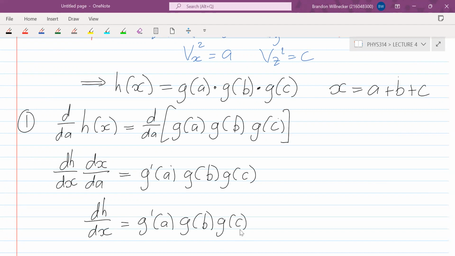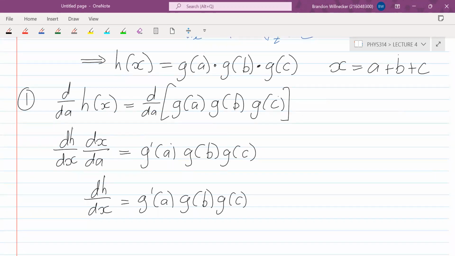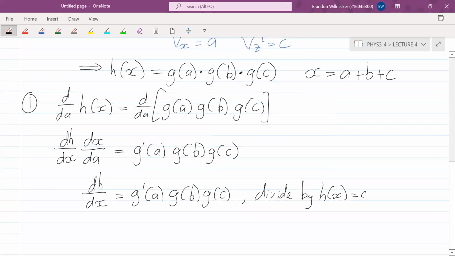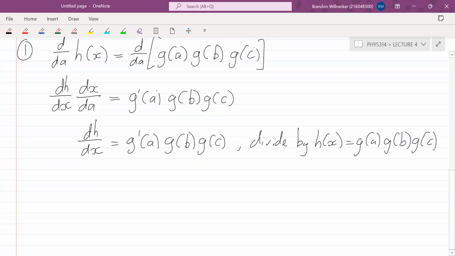Okay. Next, we're going to divide through by the following equation. So divide by h of x is equal to g of A, g of B, g of C. So we're going to take our new equation and divide by the original equation.